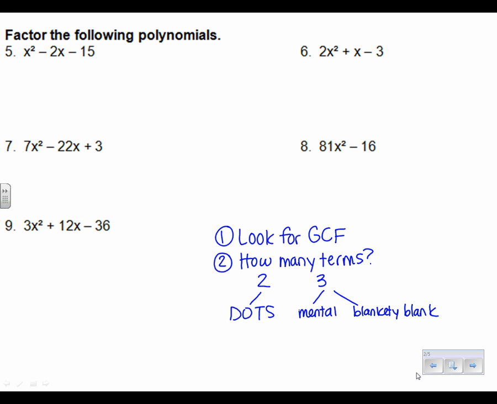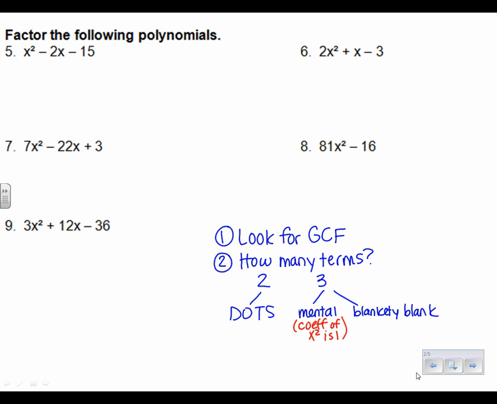The mental is used only when the coefficient of x squared is a 1. That's the only time I can use mental. Every other time I'm going to have to use the longer method. So let's keep this flowchart in our minds while we do these problems.